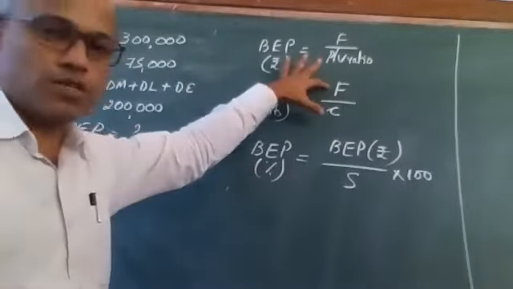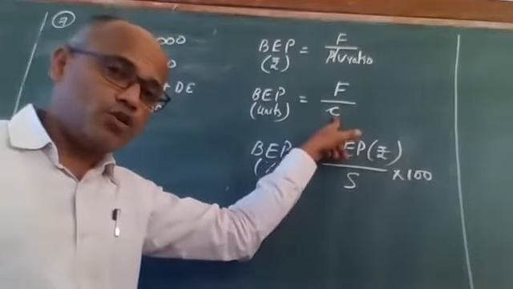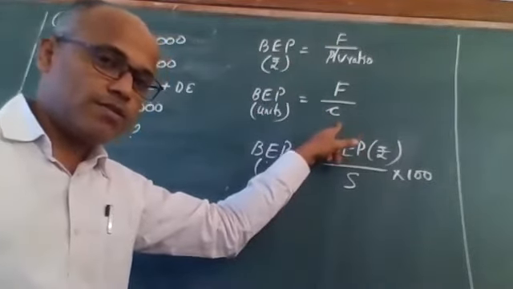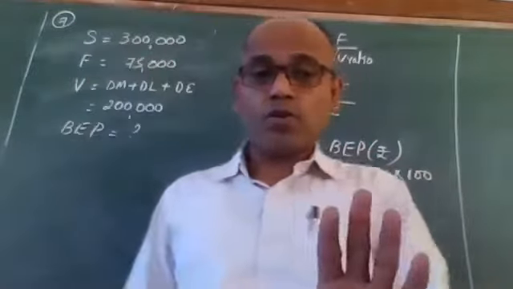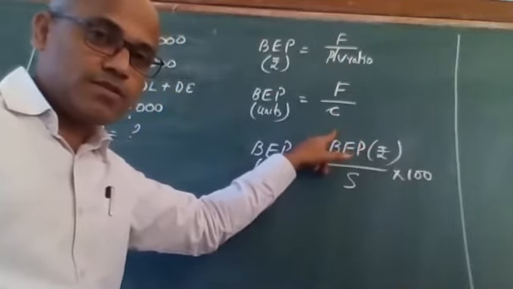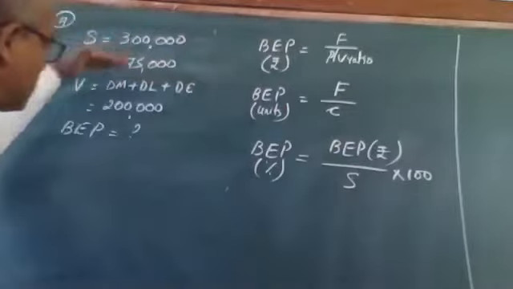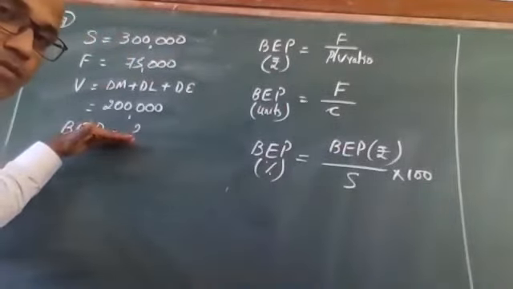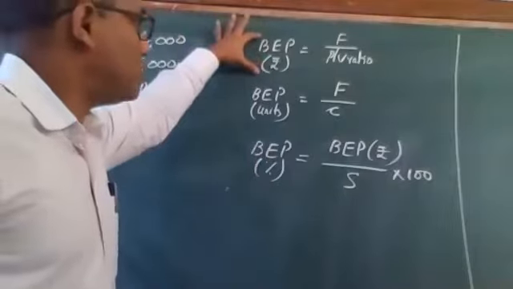We want fixed cost. I have it. We want contribution for 1 unit. Do you have it? Sales minus variable cost. No. You don't want total contribution. We want contribution per unit. So, can we find out BEP units with the given information? Answer is no.